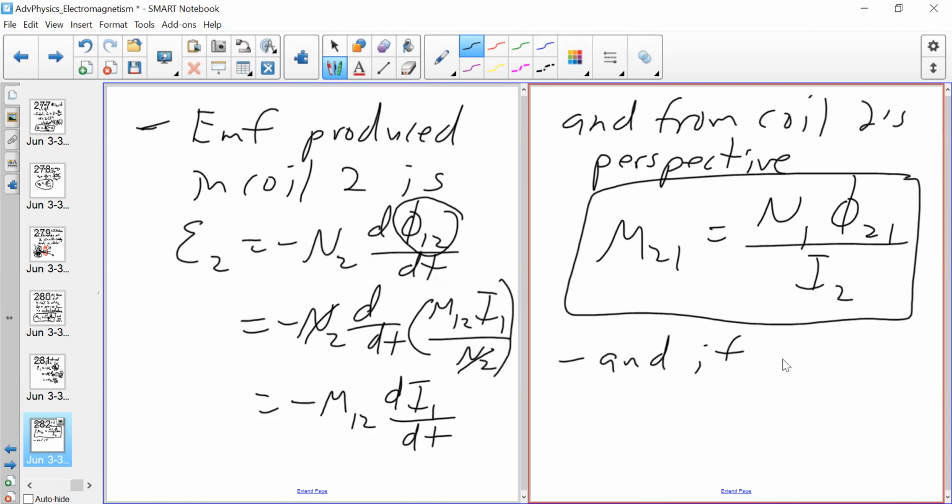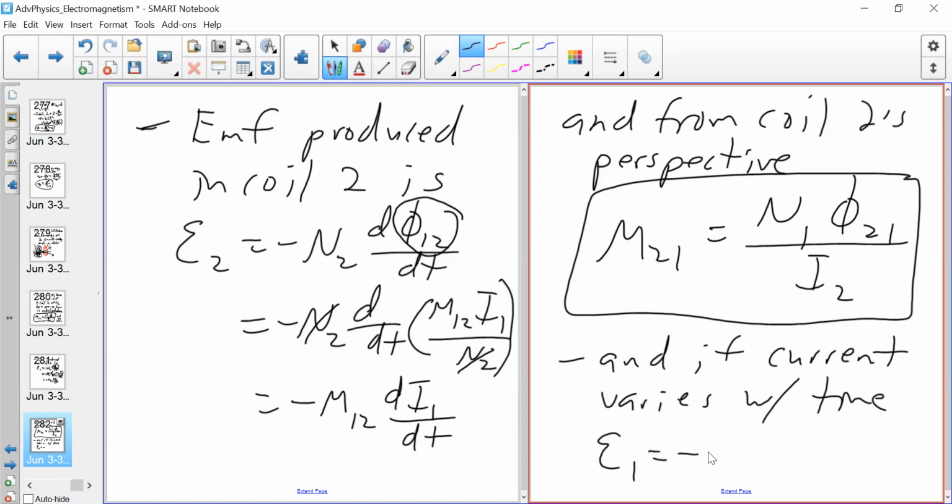And if the current varies with time, which it does, the EMF in wire 1 is going to be negative M21 di2/dt.